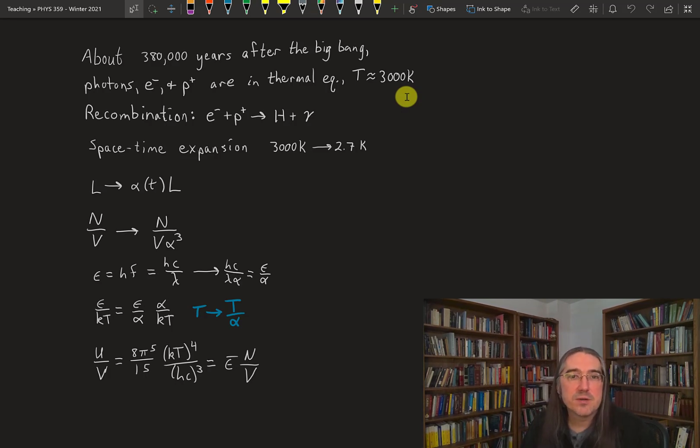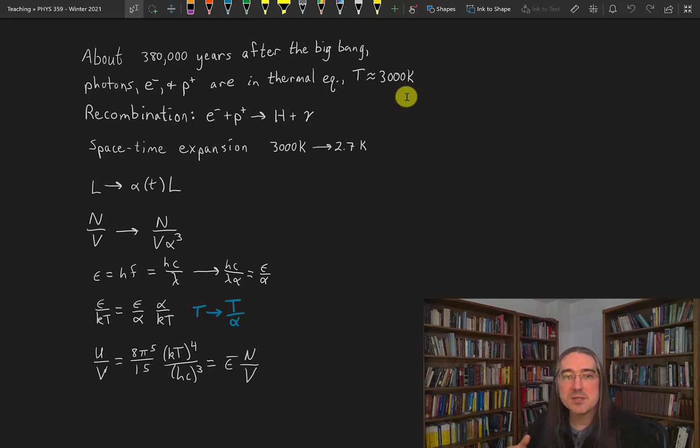The lowest energy photon that hydrogen will interact with easily is at 121 nanometers, so deep in the ultraviolet. So there's a huge separation of scales there. So bottom line, hydrogen's not going to interact with these photons that were present as blackbody radiation before recombination.